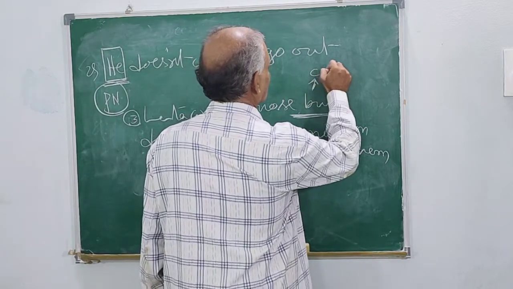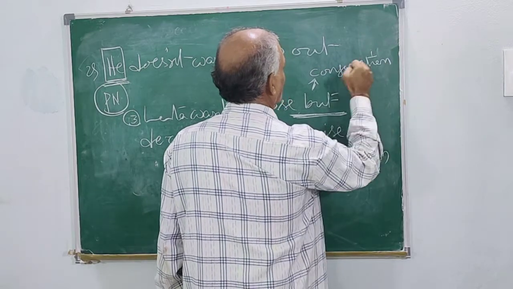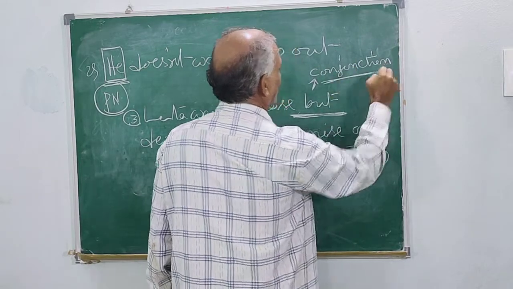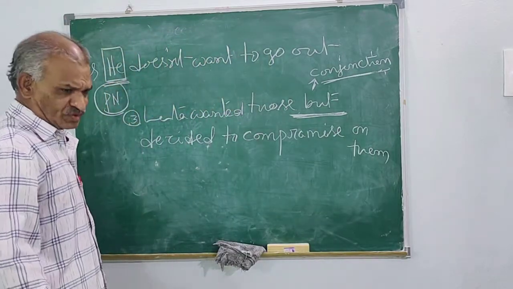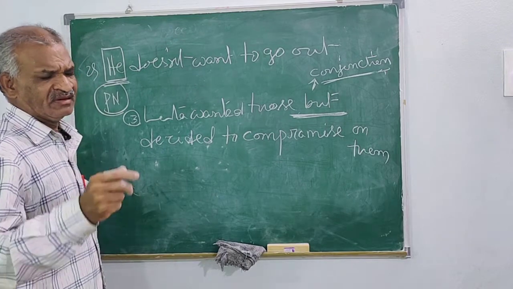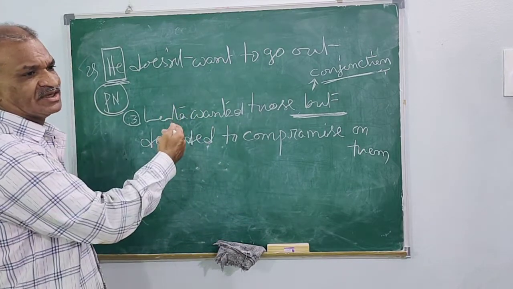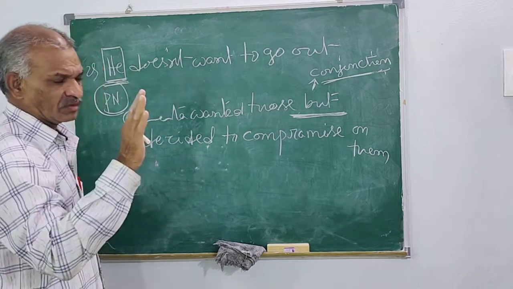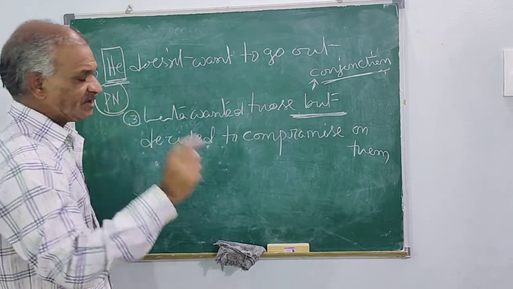But is a conjunction. So right now we should not have a deep discussion on that. Why is it a conjunction? Why not? No. You just give the answer. Clear, no?